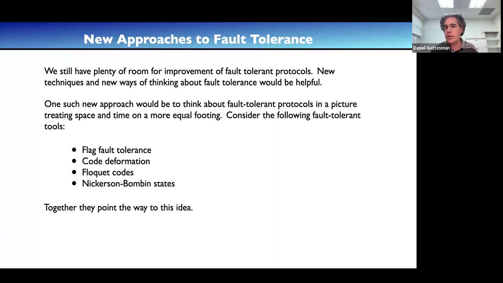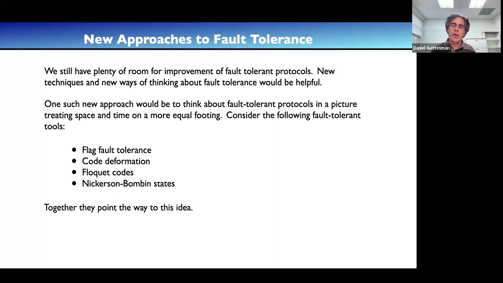we can combine these ideas with the existing codes and the existing improvements that we've had over the past few years. I think it's good to have a broader view of fault tolerance to allow more kinds of fault-tolerant protocols than we would previously have considered.